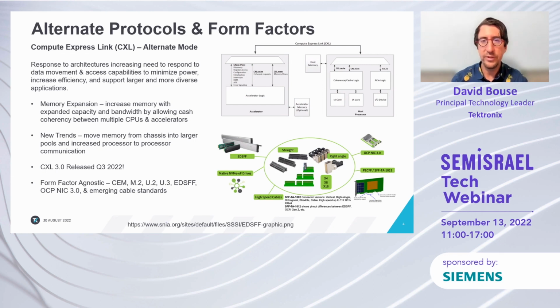So we'll see with time how we converge on certain form factors for certain applications. But we're seeing today an acceptance of CEM form factor, M.2, U.2, U.3, EDSFF, OCP NIC 3.0, and also emerging cable form factors as well.